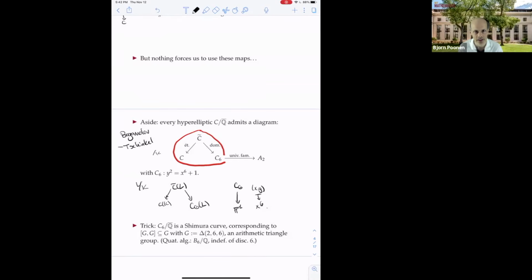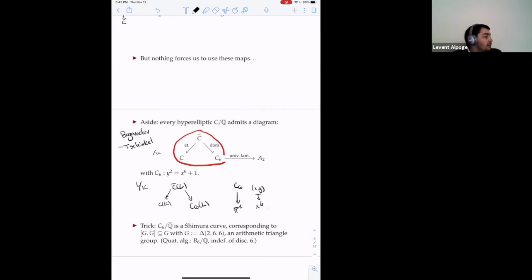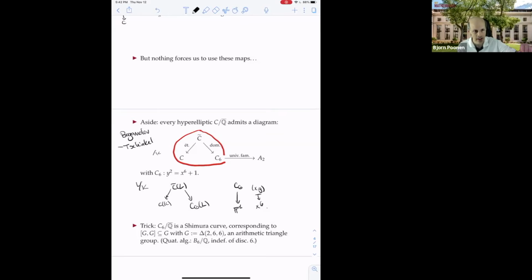They first do a little reduction to go from any hyperelliptic curve to the genus 2 case by just choosing a degree 6 factor of the right hand side, and then once you have it in genus 2, you can do it universally.